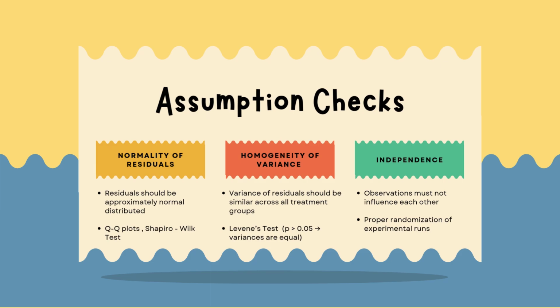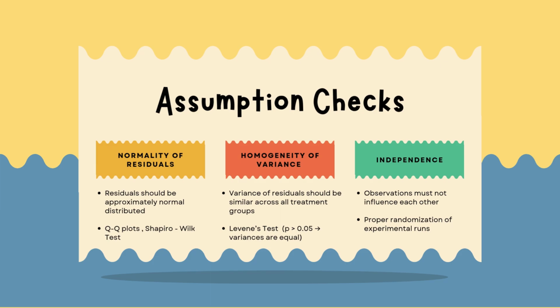Before interpreting the two-way ANOVA results, several assumptions must be satisfied. First, normality. The residuals from the model should be approximately normally distributed. This can be checked using a QQ plot and the Shapiro test. Second, homogeneity of variance. The variance of residuals should be similar across all treatment groups.